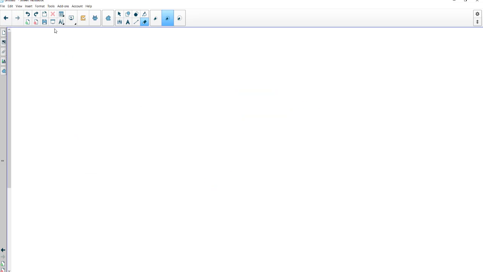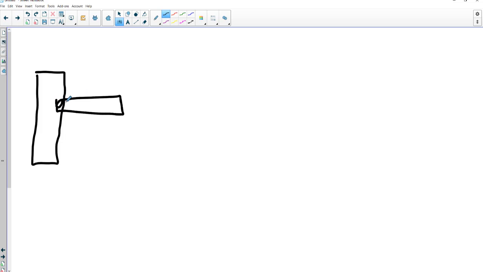All right, so basically they had something like this. And they had an object sticking out like this. So we're drawing a free body diagram, basically, of what's going on with this thing. What are all the forces acting on that?